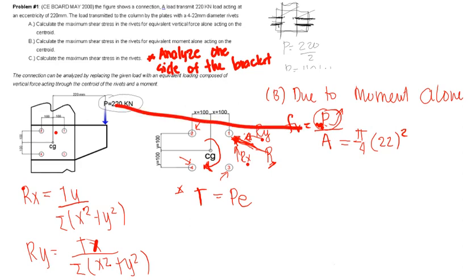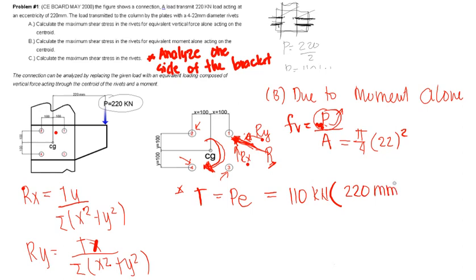So, ito. Sorry. So, pag transfer kasi natin yung load dito, magkakaroon tayo ng moment. Kaya i-multiply natin yung P, which is 110 kilonewton, times the eccentricity, which is 220 mm.